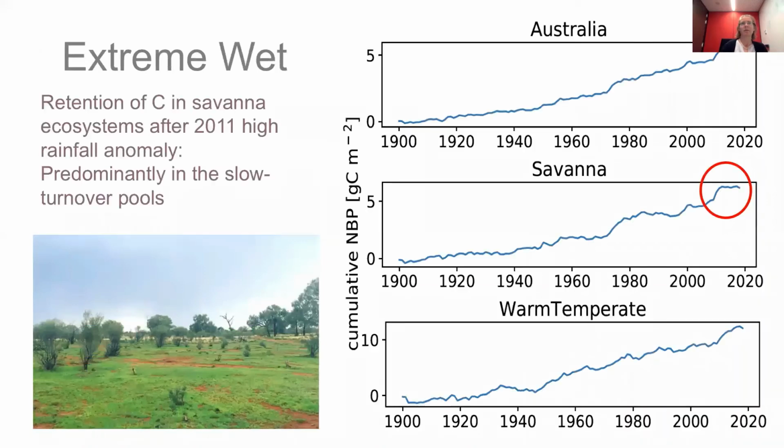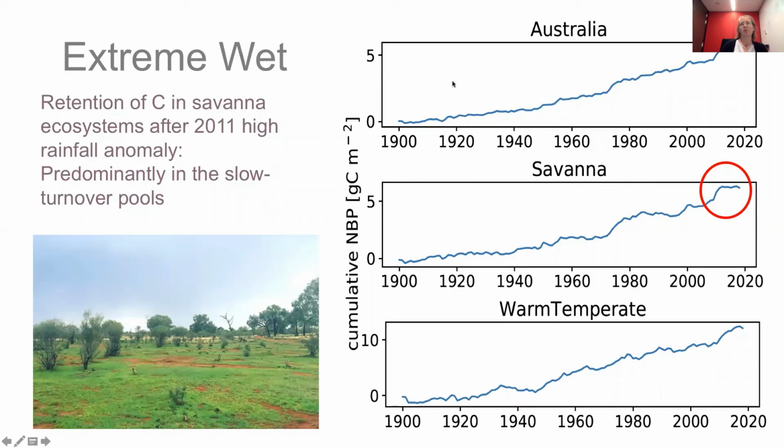But one question around that is whether that carbon that was taken up in that big wet event was actually maintained in the ecosystems. And our preliminary modelling suggests that it was.